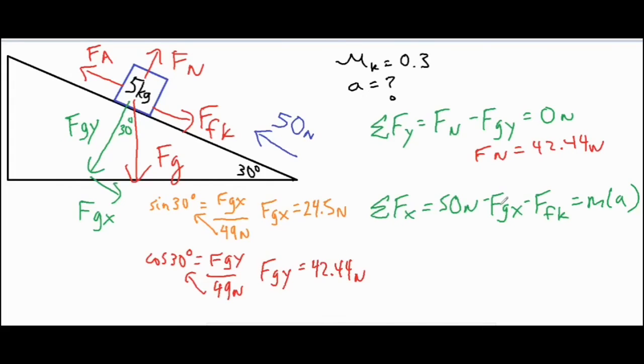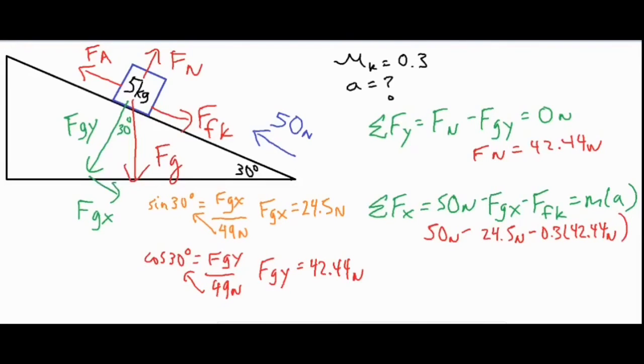Secondly, we have our FGX over here. We know that it is 24.5 newtons because we found that earlier. And then for the force of kinetic friction, it is mu times normal force. Our mu is 0.3, so we're going to do mu times the normal force, which we got above.